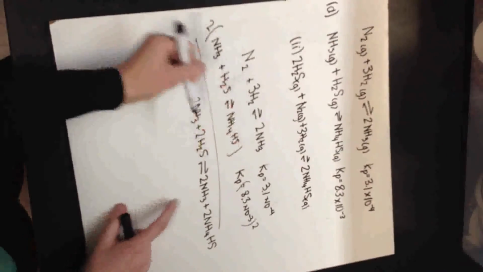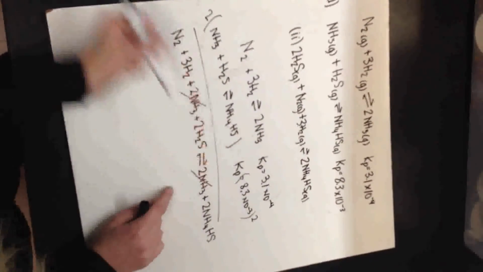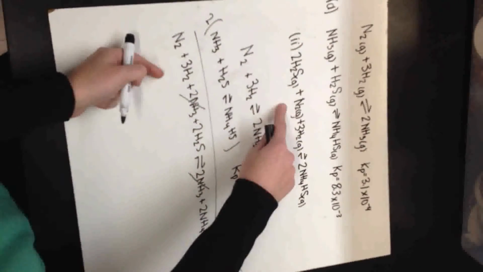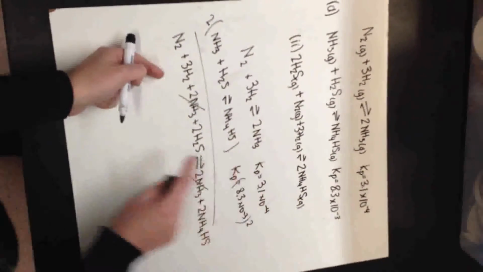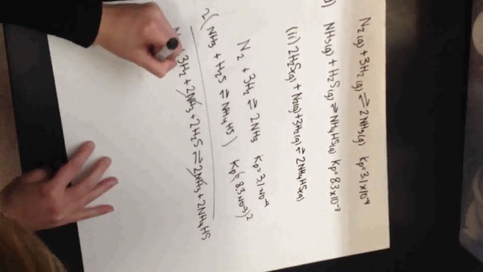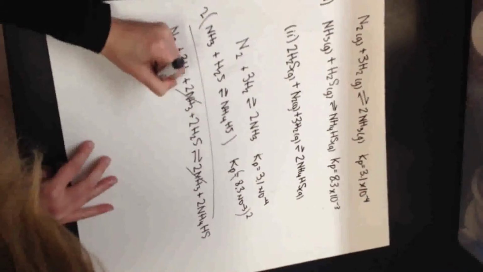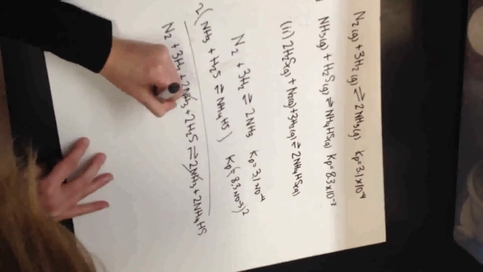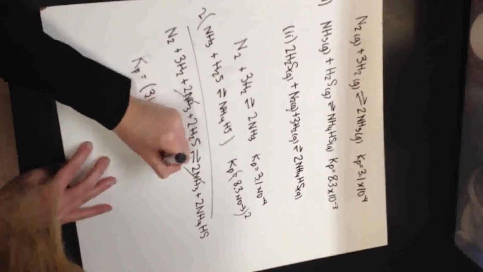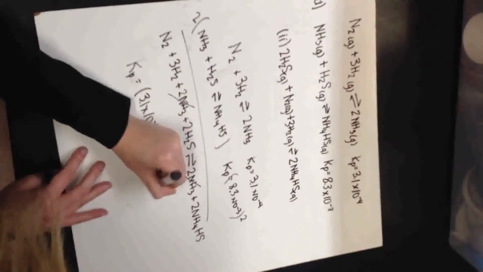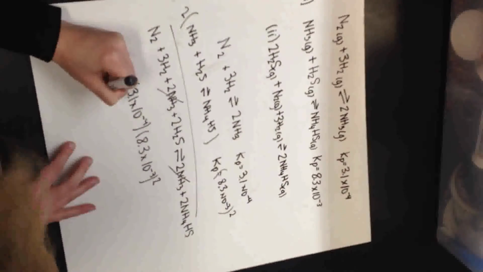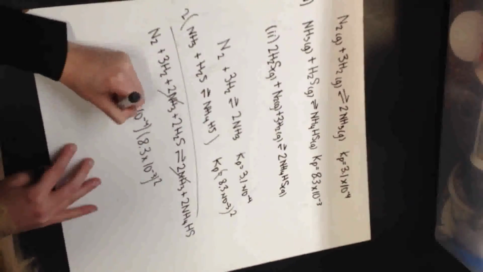Okay, now the ammonias will cancel out, and you're left with the right equation. So then now all you do is multiply the Kp's together in order, so 3.1 times 10 to the negative 4 times 8.3 times 10 to the negative 3 squared. And then your Kp equals 2.1 times 10 to the negative 8th.